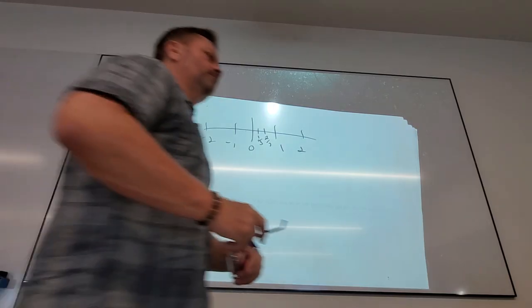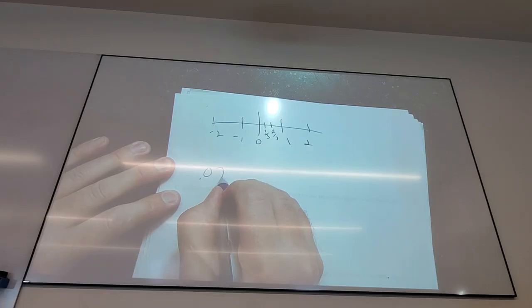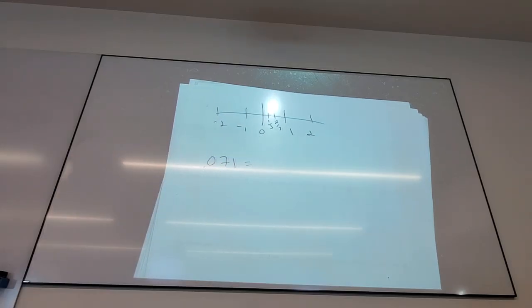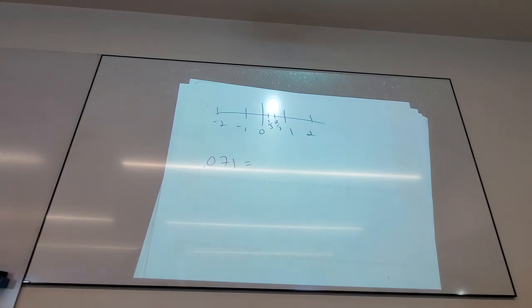So, why is this a fraction? That is currently in decimal form, but that is a fraction. Why is that a fraction? Because it ends. It terminates. It stops. I don't care how many places there are.